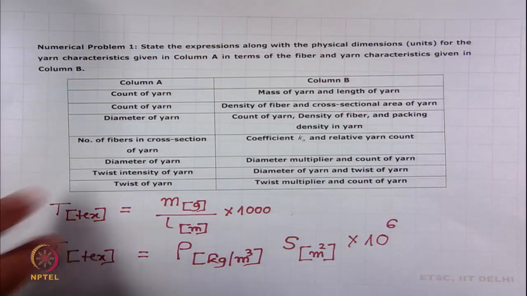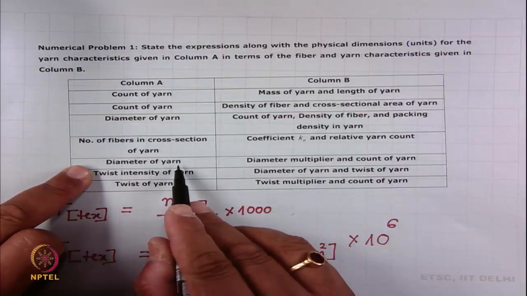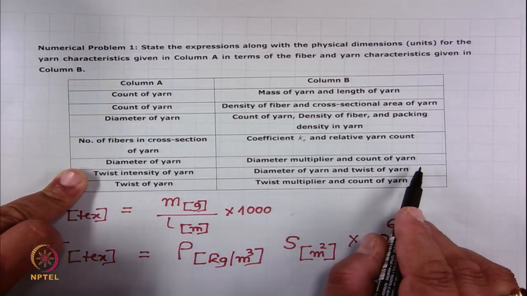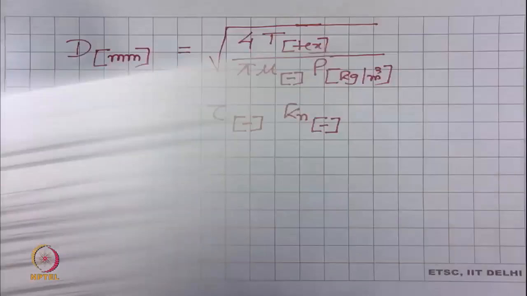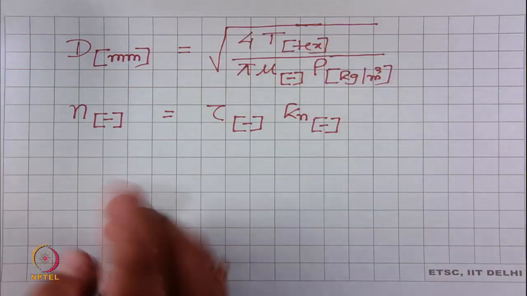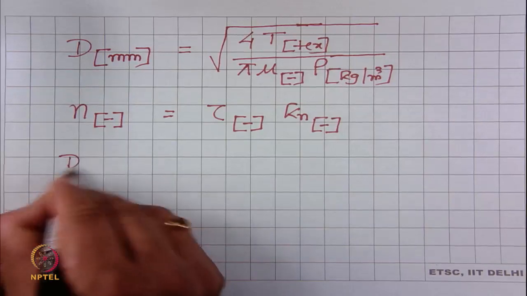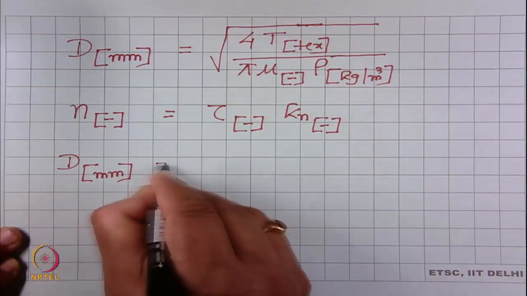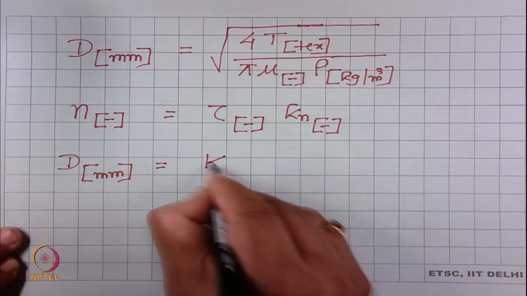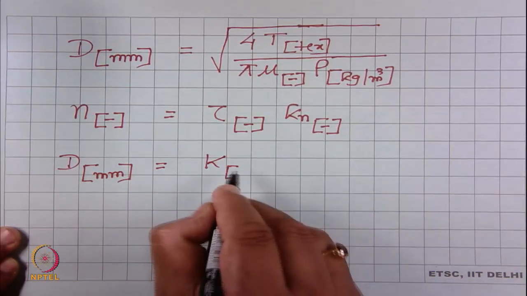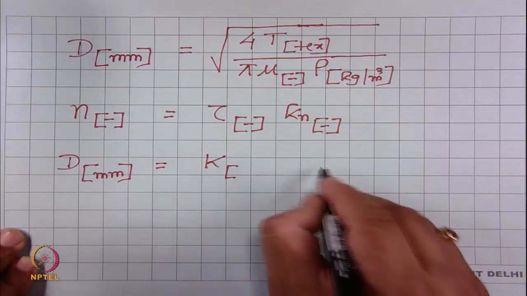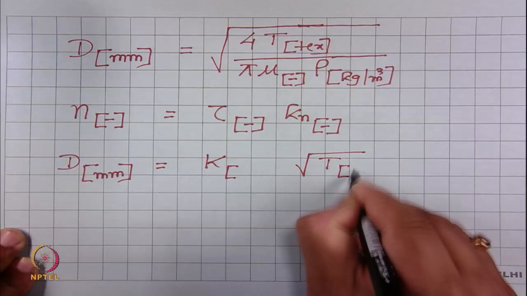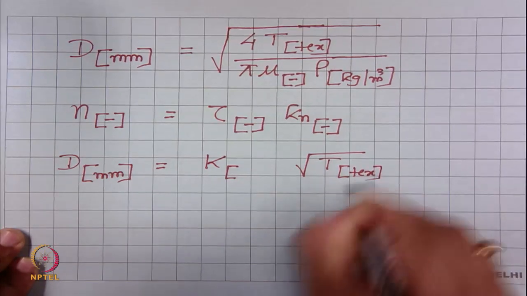So, we go to the next one, diameter of yarn, diameter multiplier and count of yarn. So, you need to be a little careful. Diameter of yarn in millimeter, K times root T, T is Tex.